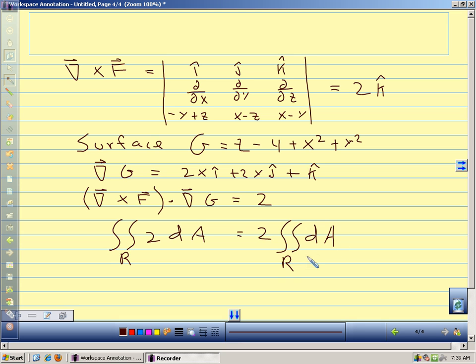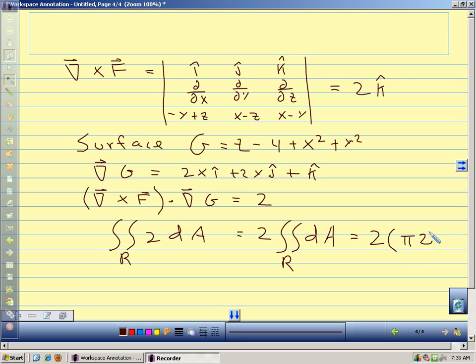What's a double integral of dA? Double integral of dA is just the area of the region. So the area of a region, our region is a circle with radius 4. So that equals 2 times, or sorry, radius 2, right?